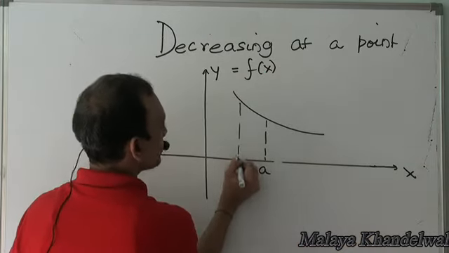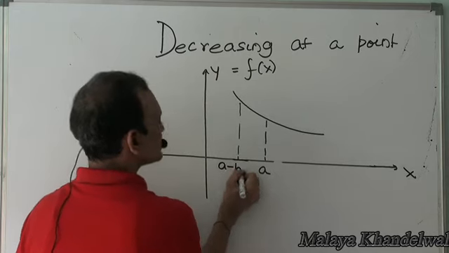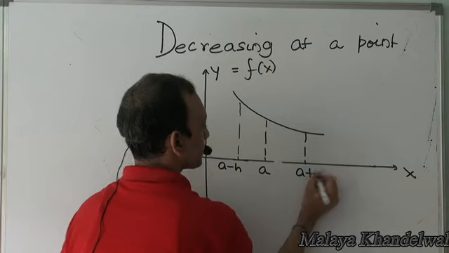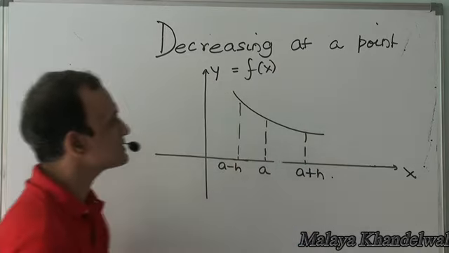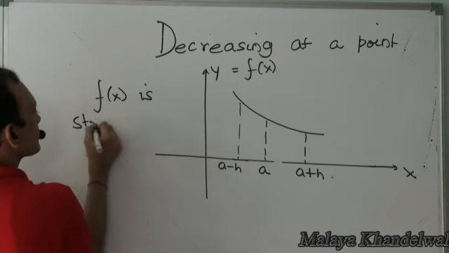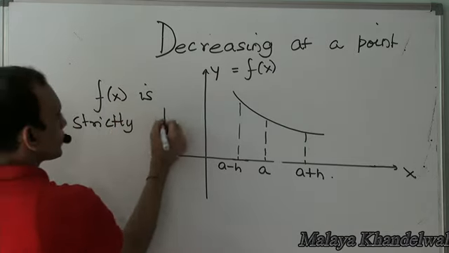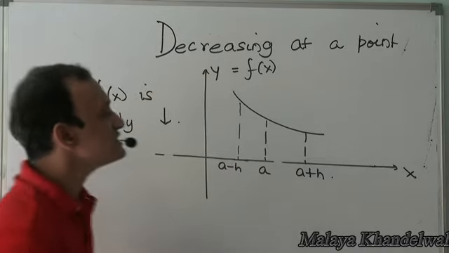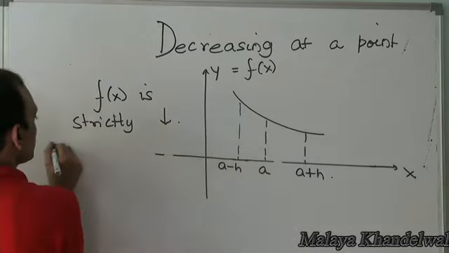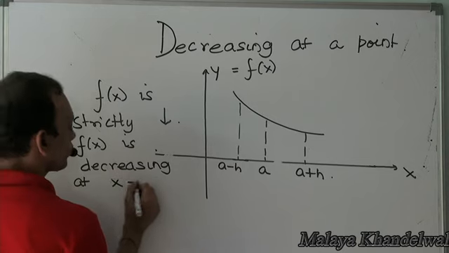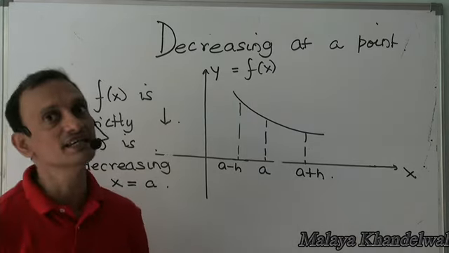And if I can find an open interval surrounding x equal to a, say a minus h to a plus h, in which f(x) is strictly decreasing, I find that f(x) is strictly decreasing in this interval a minus h to a plus h, then I say f(x) is decreasing at x equal to a.